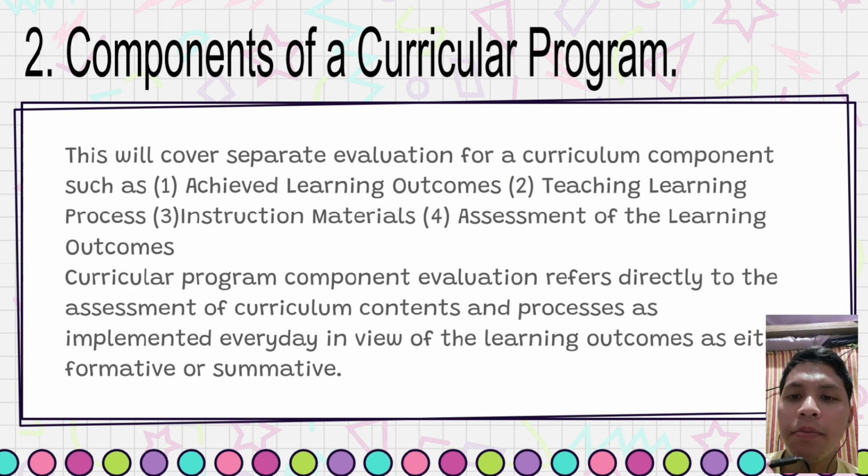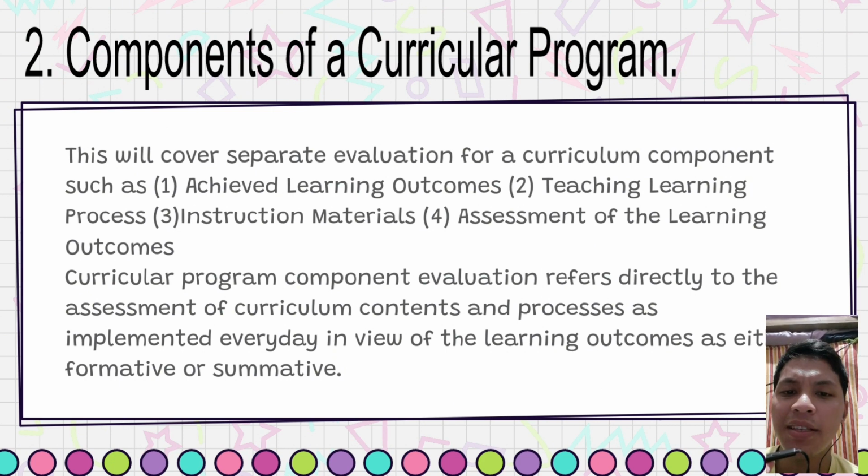The components of curricular programs: number one is achieved learning outcomes. What are achieved learning outcomes? This looks at what students have actually learned from the curriculum. It checks if they reach the goals set for their learning. Number two is teaching learning process.